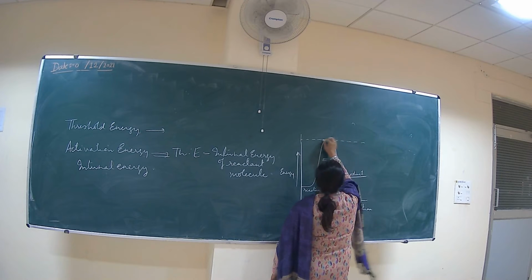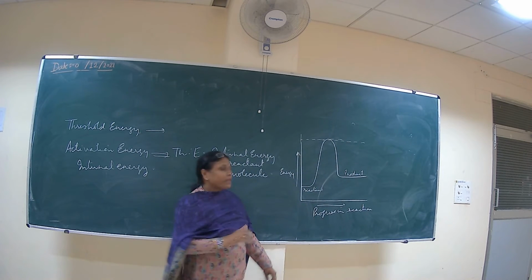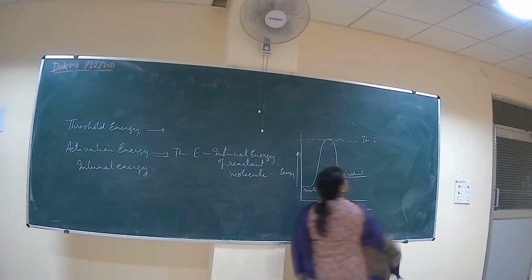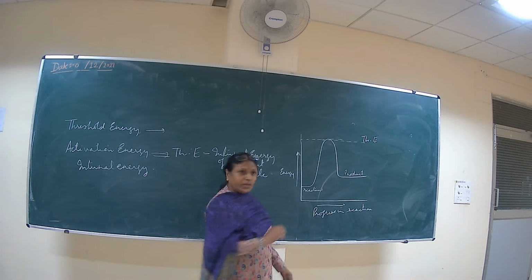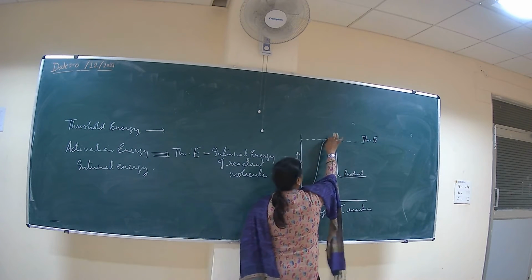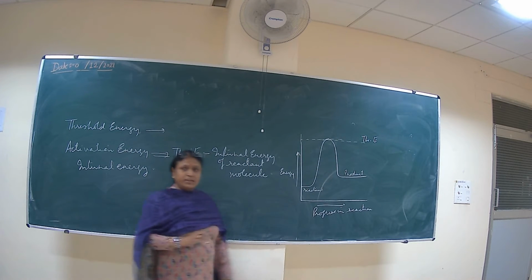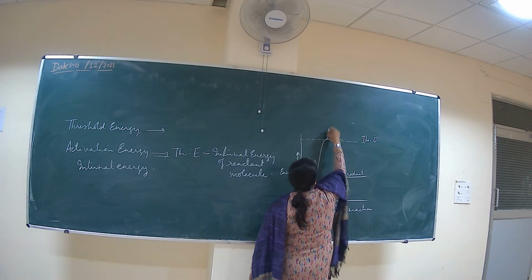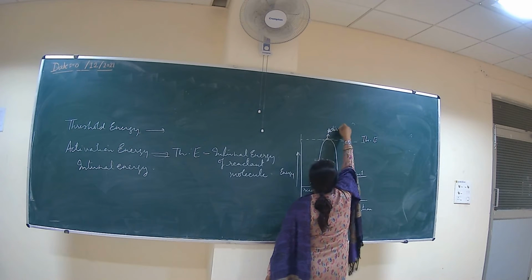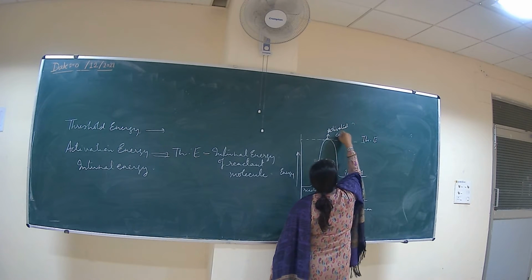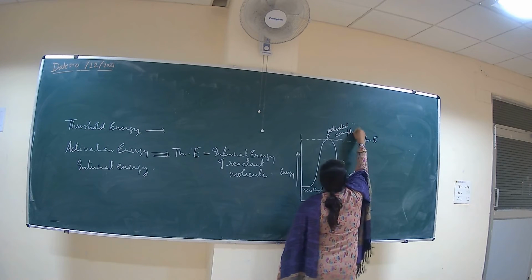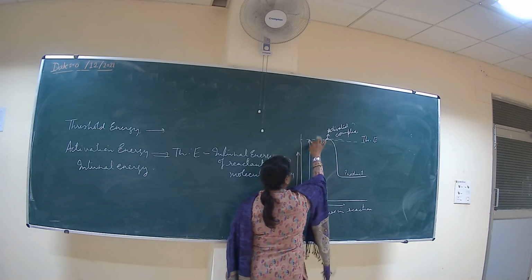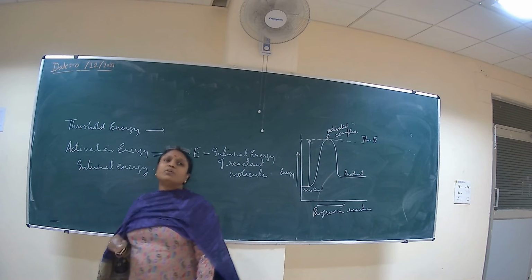We say that this is the threshold energy state which must be crossed by the reactant molecule for the formation of the product. Okay. So when the reactant molecule reaches this energy barrier state, then activated complex formation takes place. So this is a state where the activated complex is formed. Okay. So the energy from here to here is the activation energy which is given to a molecule for the formation of a product.